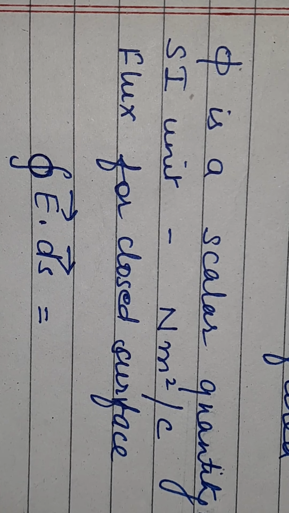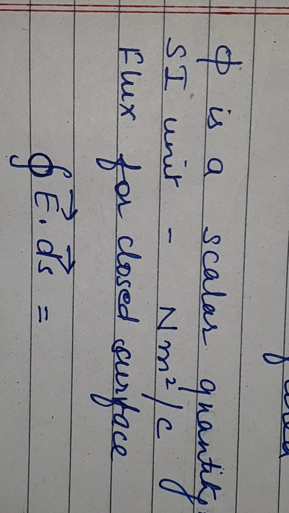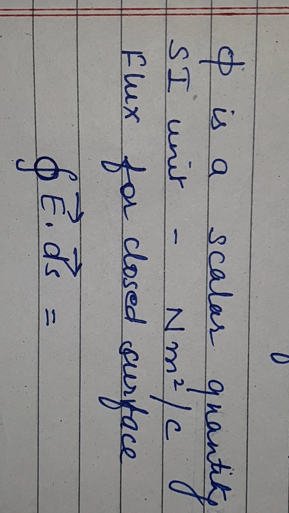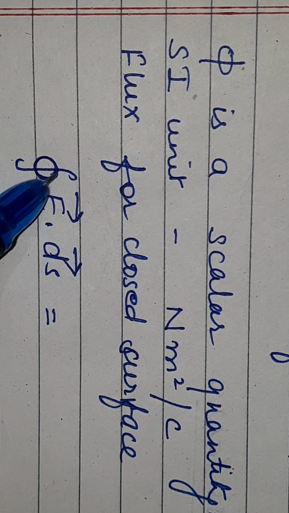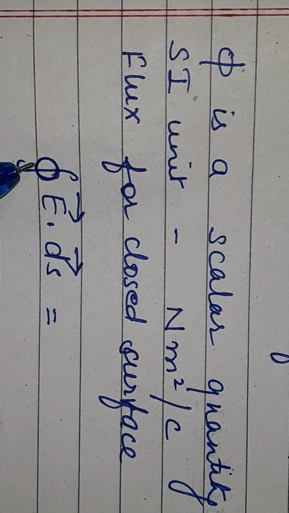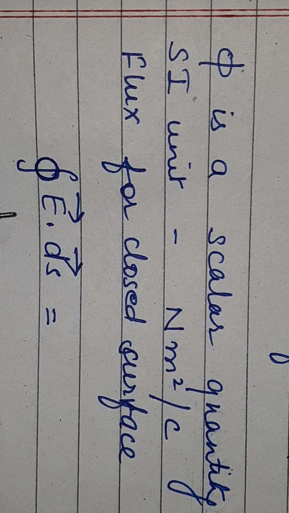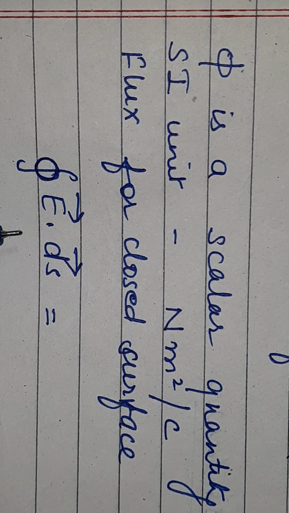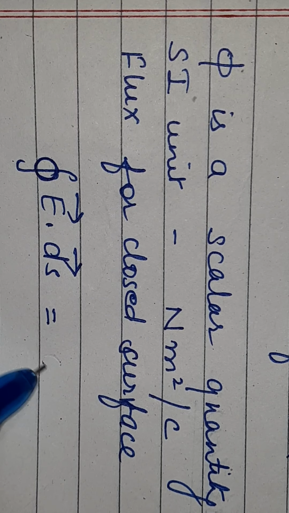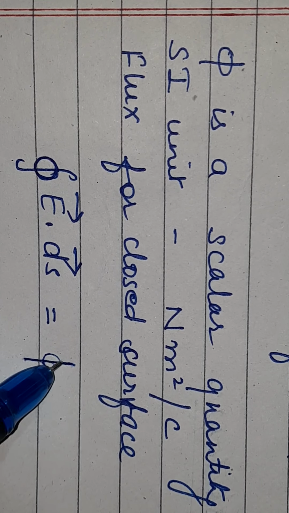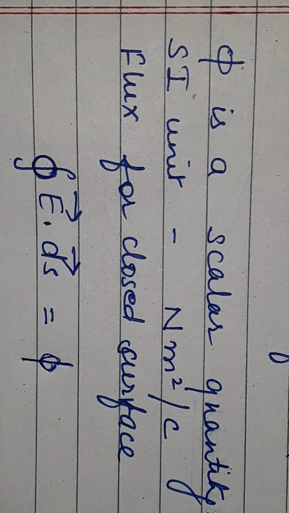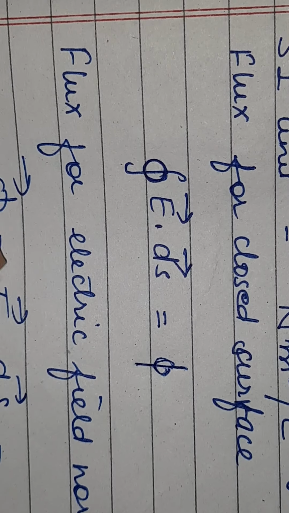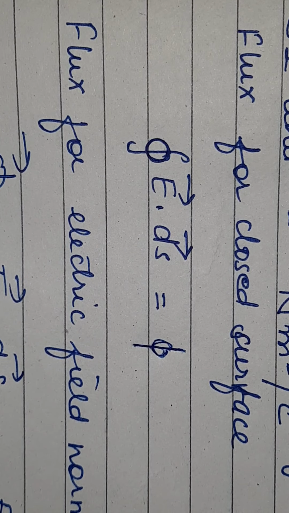And what will be the flux for a closed surface? Flux for a closed surface is written like this. Integration for a closed surface is denoted like this. This is how we will write the expression for a closed surface for finding out the flux. Then flux for electric field normal to the area.